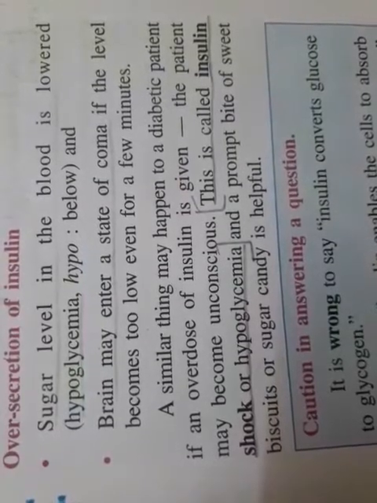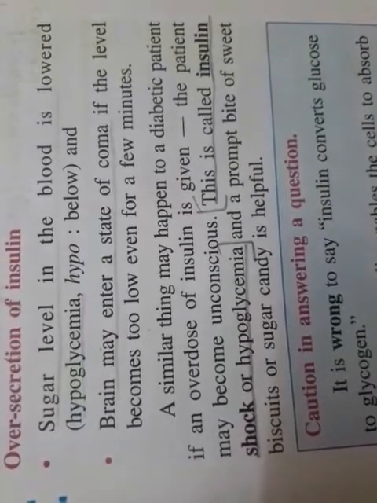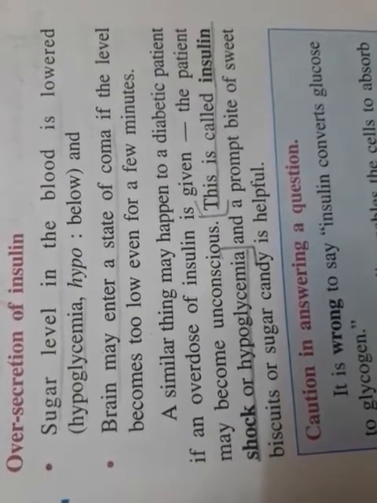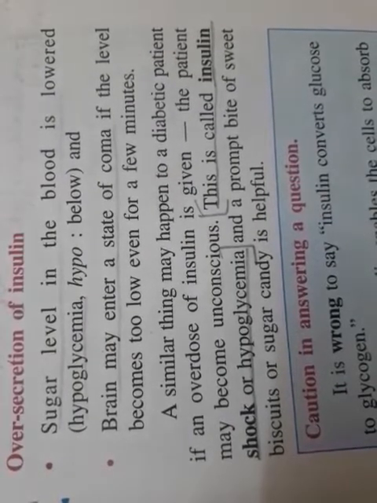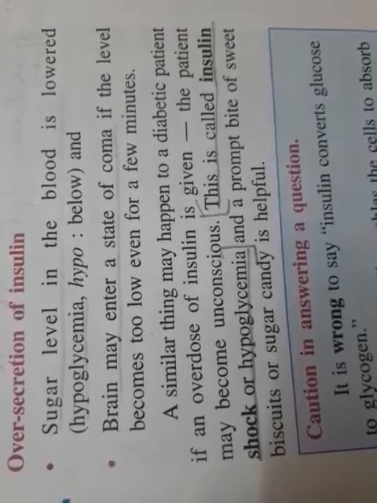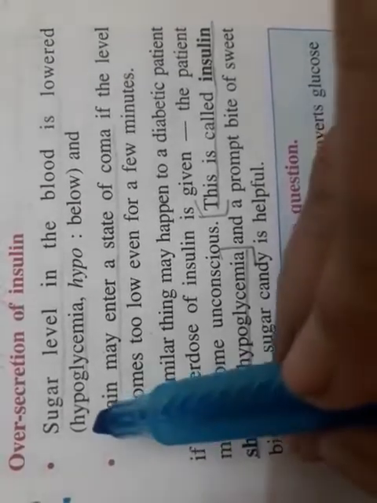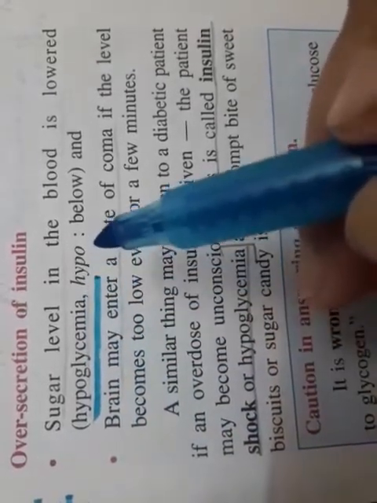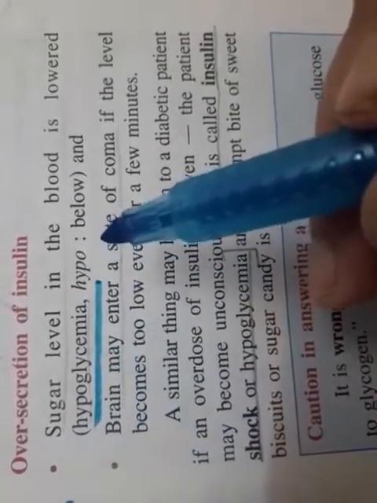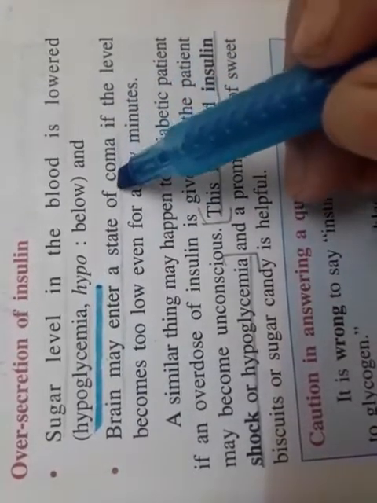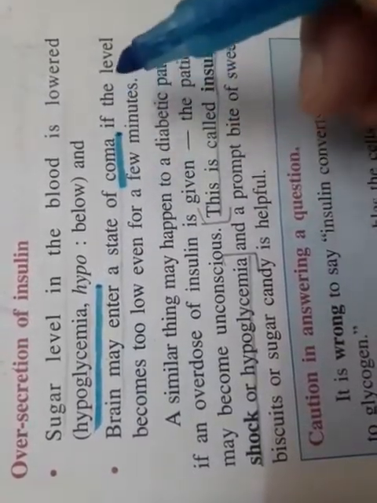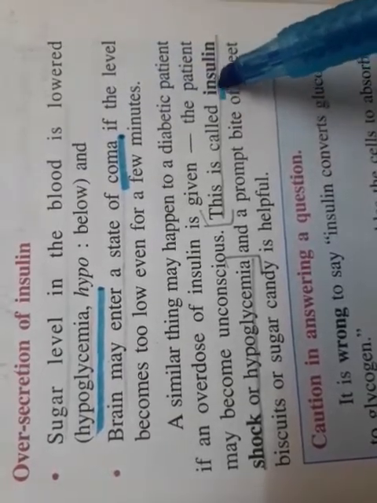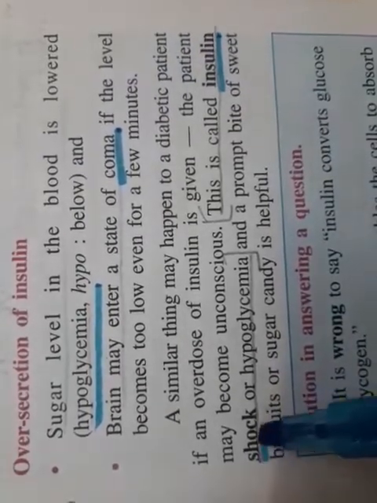Over secretion of insulin. Hyper secretion of insulin. So, when there is more insulin being secreted by the pancreas, the condition is called hypoglycemia. So, sugar level decreases. The brain may enter a state of coma. This is also referred as insulin shock.